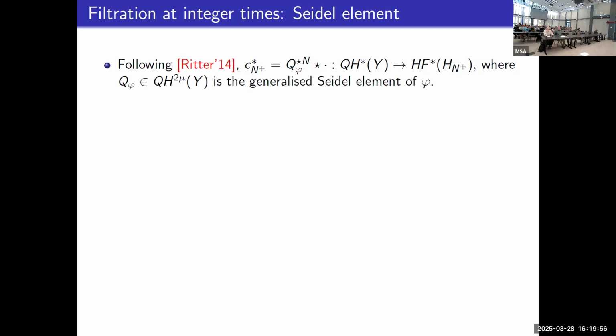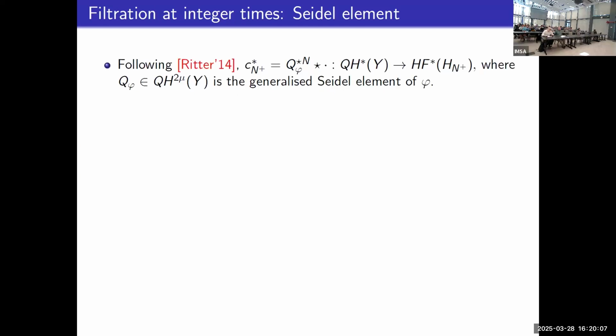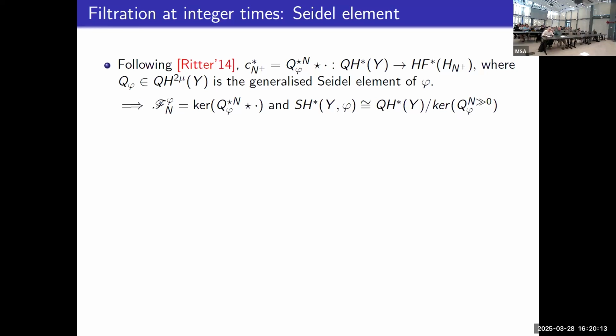So it's like a Gromov invariant. So the continuation maps from the previous slide, which we don't know in general and which are hard to compute, at least the integer ones are just quantum cup product with the Seidel element n times. So if you know the Seidel element, then you know the filtration at integer times.